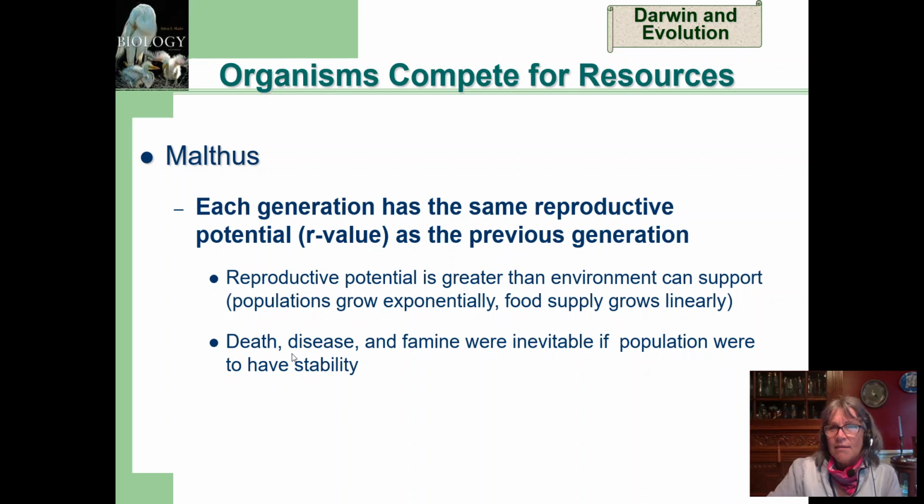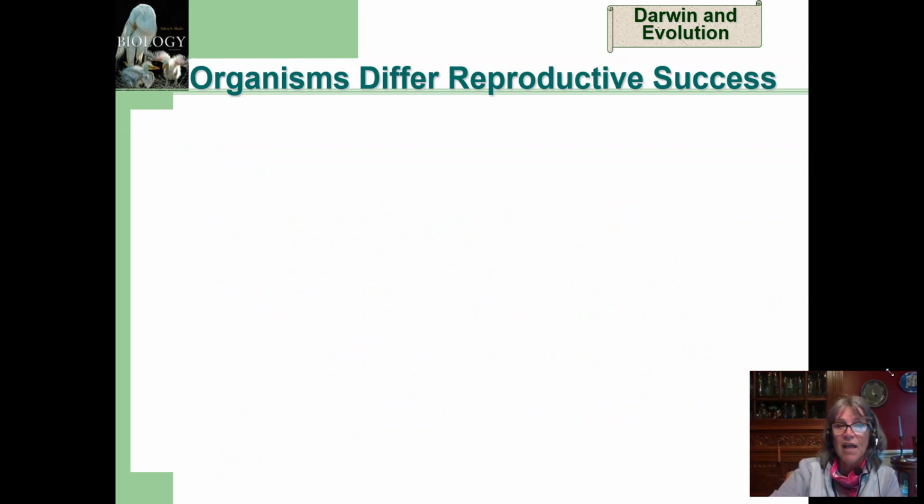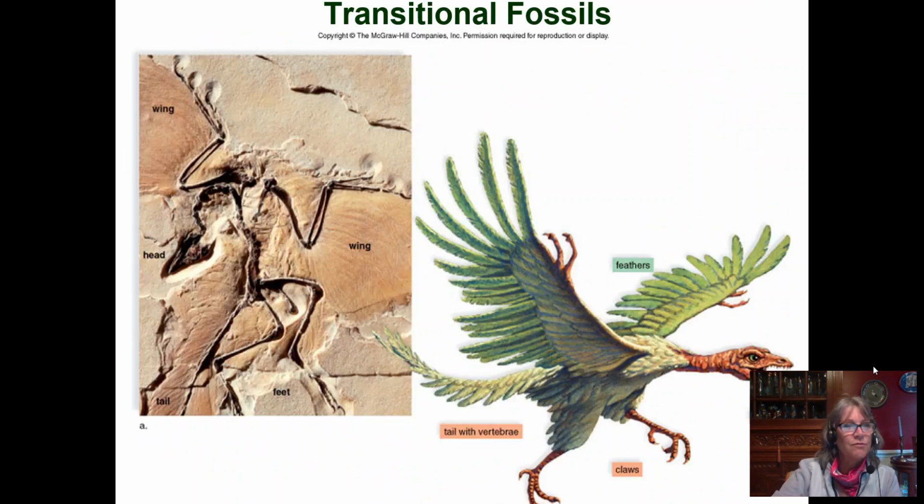And so death and disease and famine, these are all inevitable if a population is going to have stability, because we just can't have indefinite growth. We've got to reach that carrying capacity and balance out. And that means individuals are going to constantly have to struggle and compete to survive, compete for resources so that they can survive and pass their genes on.